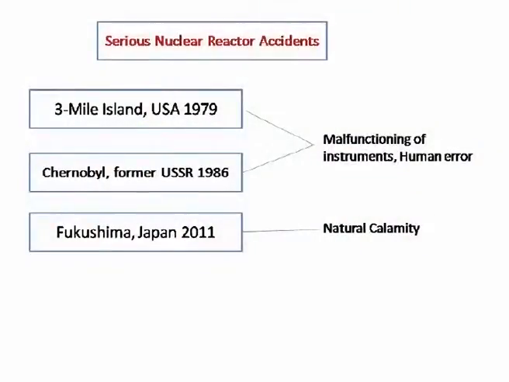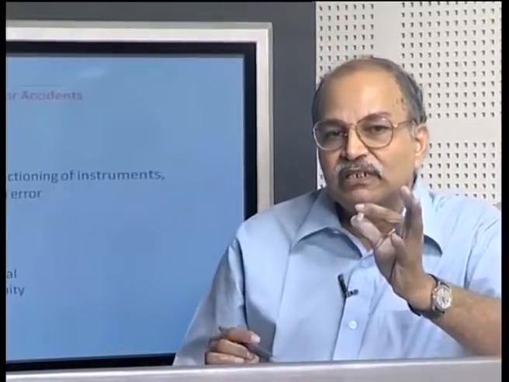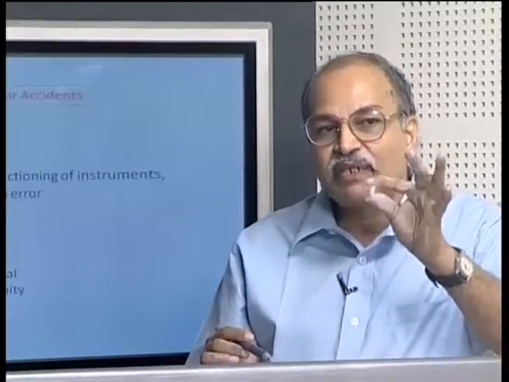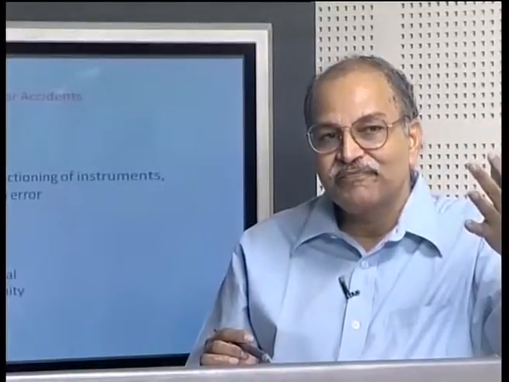You can see there are 3 serious nuclear reactor accidents in the whole history. One is Three Mile Island in the USA, in 1979, in which there was some malfunctioning of instruments, some valve got stuck, and the operators could not respond well.